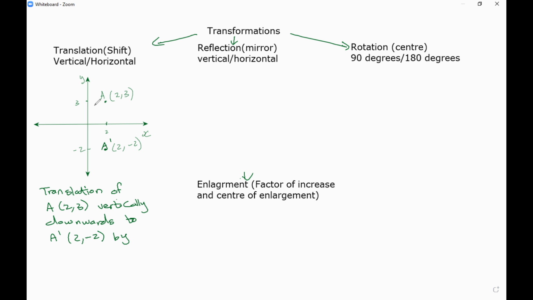To go from 3 to -2, I've got to go 3 down, another 2, so I go 5 down all the way by 5 units.